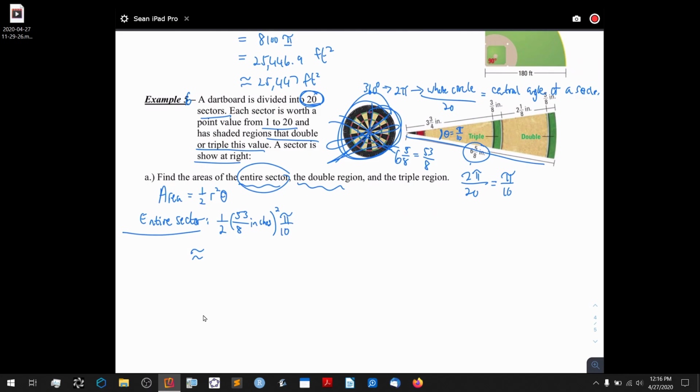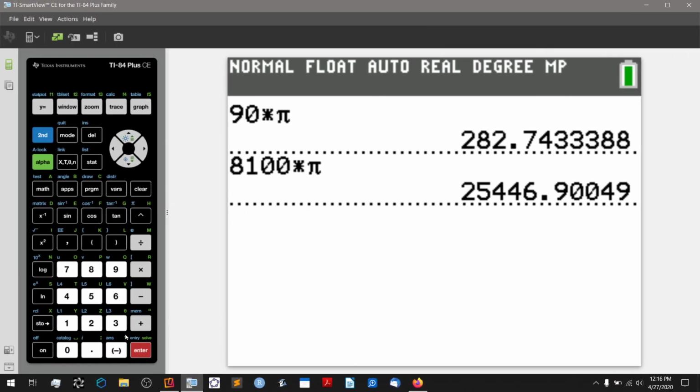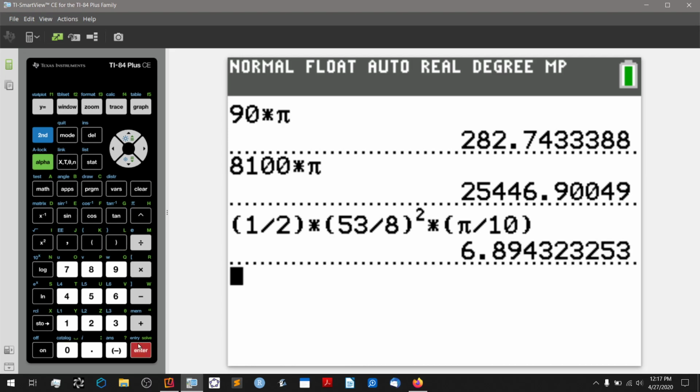We do 1/2 times 53 over 8 squared, times pi over 10, using the pi right here. Let's see what we get. Okay, and what you get is about 6.894.